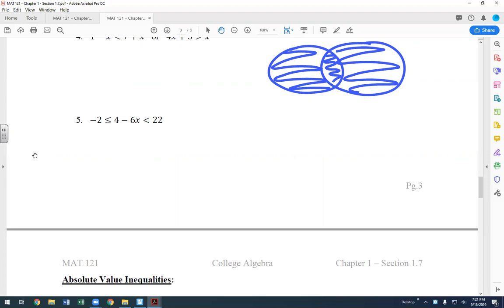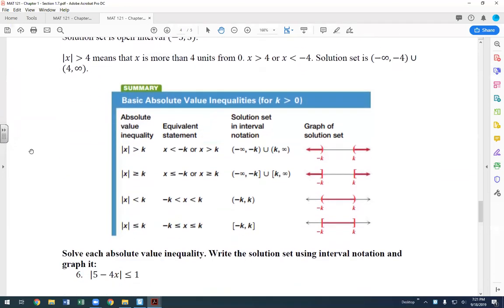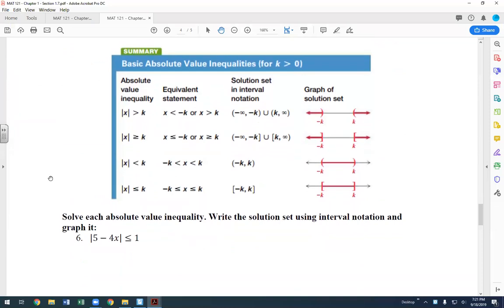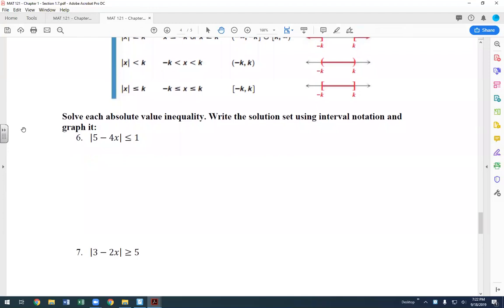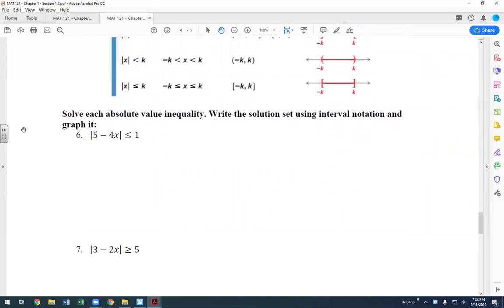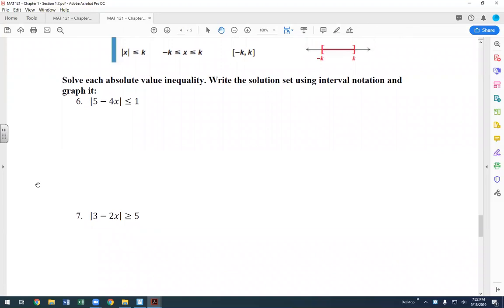All right, I actually do want to look at a couple of these absolute value examples. Absolute values will mimic what we did with the equations, but it's going to look slightly different from an equation. Just to help you out, with absolute values, if it is a less than symbol, you are going to have an and compound inequality.